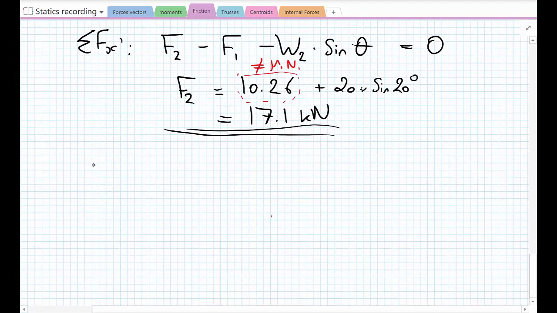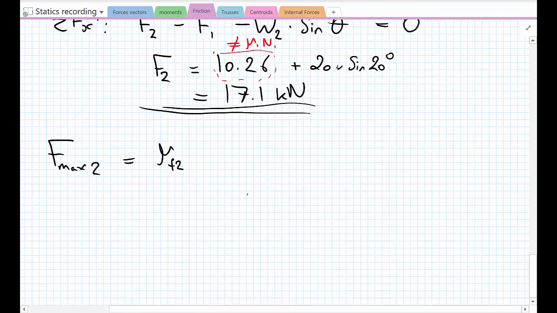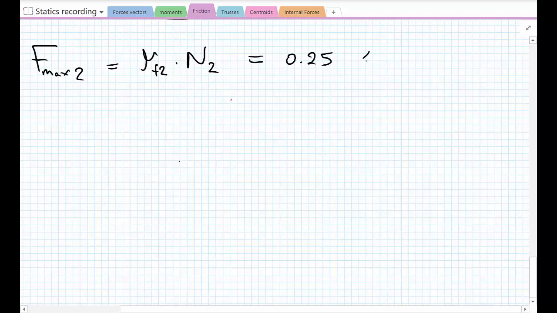F max 2 is equal to our friction coefficient mu F2 multiplied by the normal force N2, and that is equal to 0.25 times the 47 kilonewtons, and that is equal to 11.75 kilonewtons.